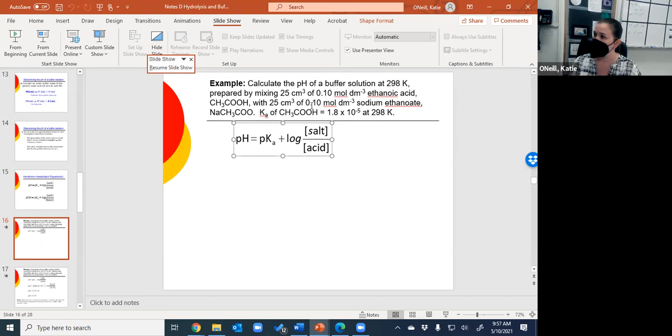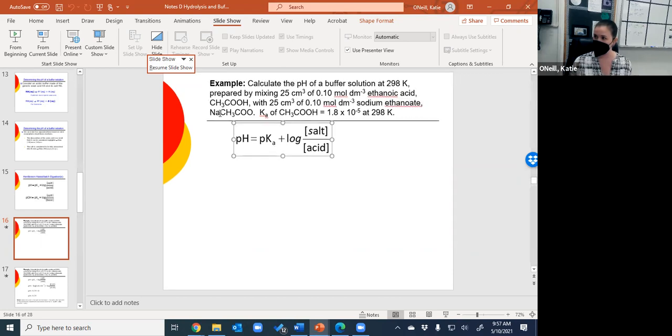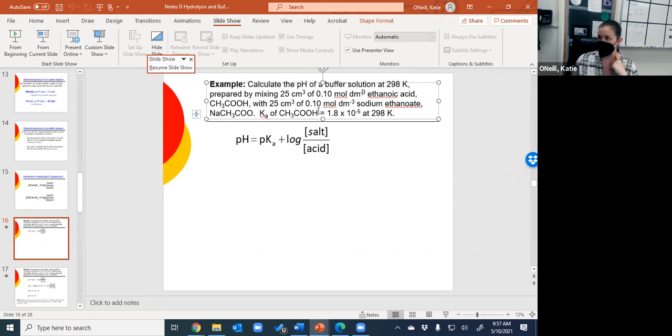Then we're given the concentration of the salt of the strong alkali, but we know that it's going to completely dissociate, so that will be the same concentration as the actual conjugate base. So we're going to be able to use the concentration of the salt, which really is the concentration of the base. So basically, we are given both concentrations that we need here. Any questions before I switch over to about 10 minutes of that?